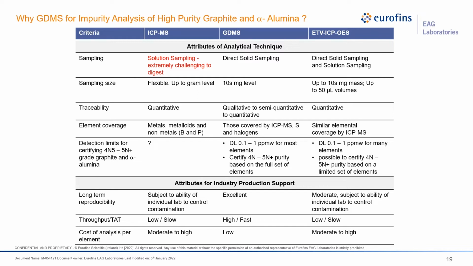And the cost of analysis, for industry, has to be realistically low so that they can afford it. In terms of elemental coverage and traceability, it depends on the elements. Some of them are qualitative, some semi-quantitative, and some quantitative. But one of the most important things is that you will not miss any elements. If it is there, you will find it, and it's just a matter of time and judgment how to make it more quantitative.